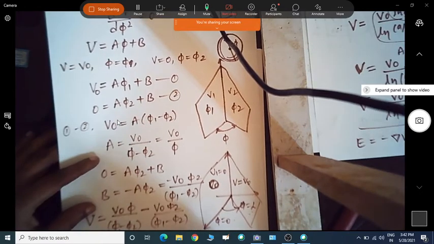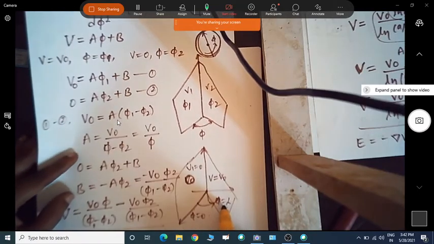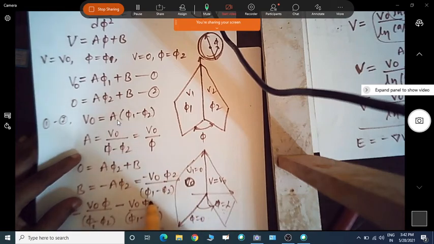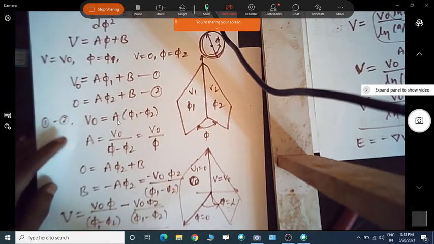Okay, so let us take phi 2, which we have taken as alpha, which is equal to phi.